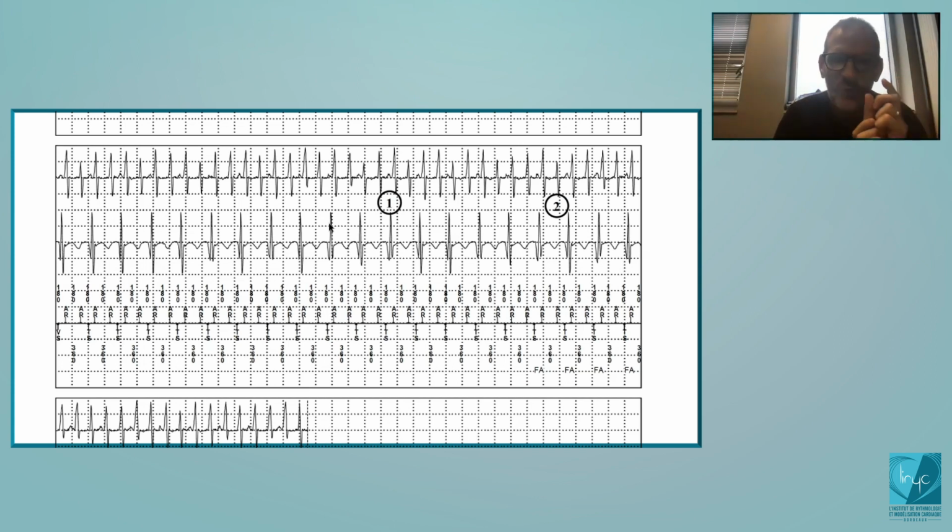But if you work with short blanking, there is a risk of far-field R-wave oversensing in the atrial channel. So the first step here is to say, okay, the atrial rate is faster than the ventricular rate. But the second step is to say, are the signals at the level of the atrial channel real? Is this R-wave oversensing or not?